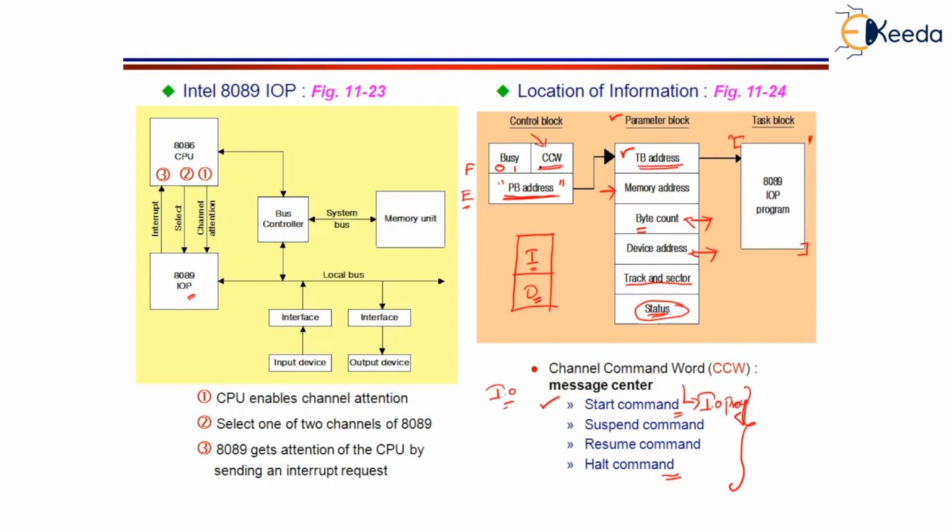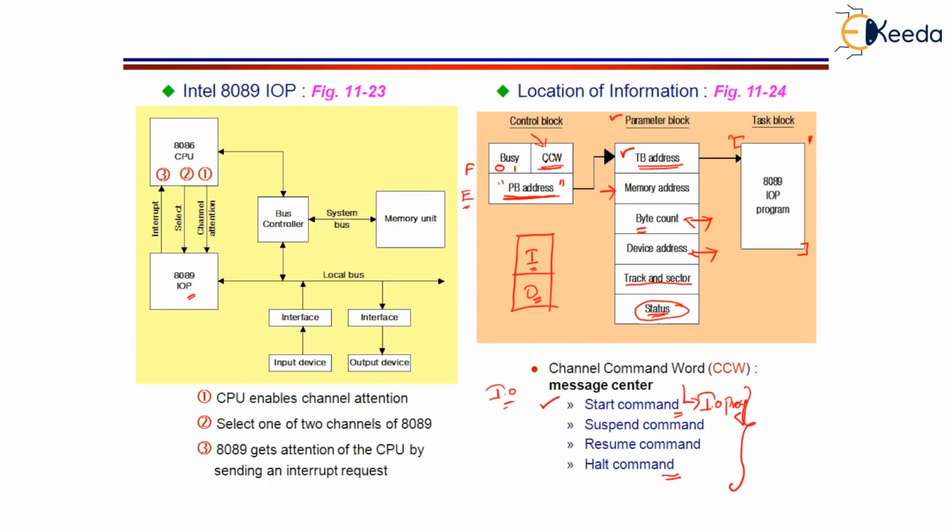It is going to fill the command here, the channel command word. What is the channel command word? There are 4 channel command words: start IO program, suspend IO program, resume IO program, or halt IO program. Let us say it is initiating an IO program. This channel command word is just the start command.